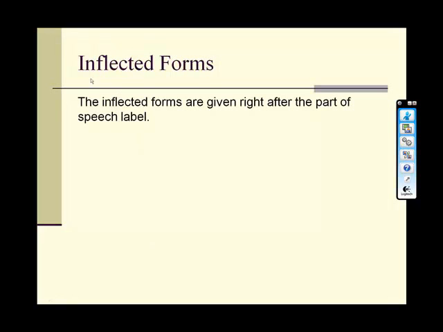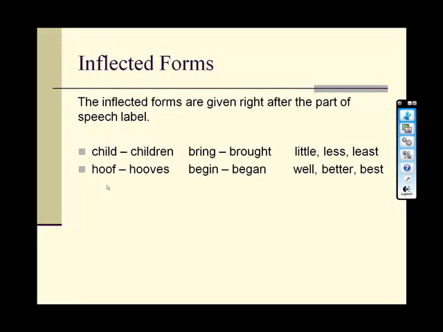Another part that you get from the dictionary are inflected forms. The inflected forms are given right after the part of speech label. Child, children, bring, broad, little, less, least. Hoof, hooves, begin, began, well, better, best.